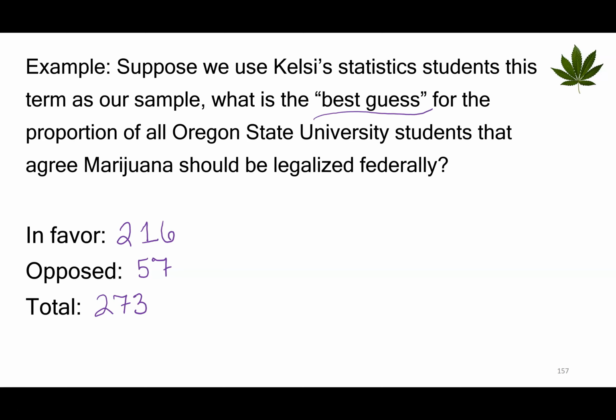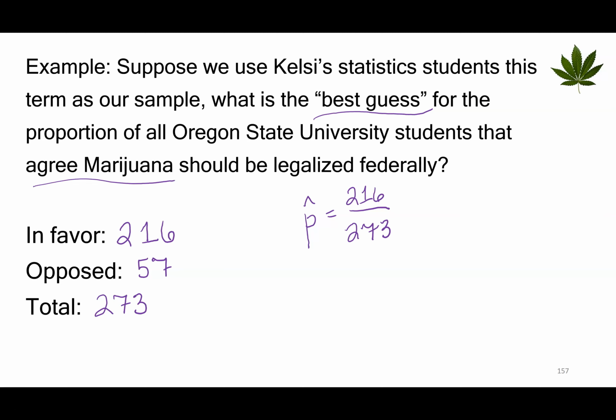So my best guess is going to be p hat, which is my number of successes over the total. Because we're interested in agree or support, it'll be 216 over 273. And absolutely, if you had reworded the question so it was the proportion of all OSU students that oppose, then you would have put the 57 on top.